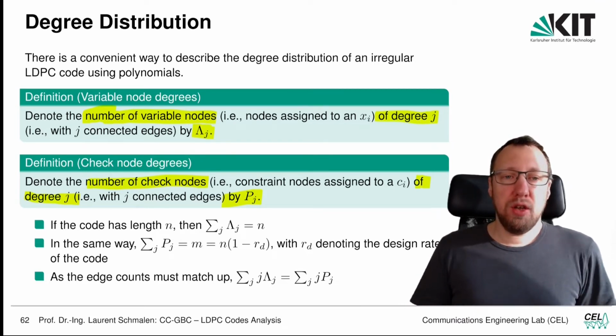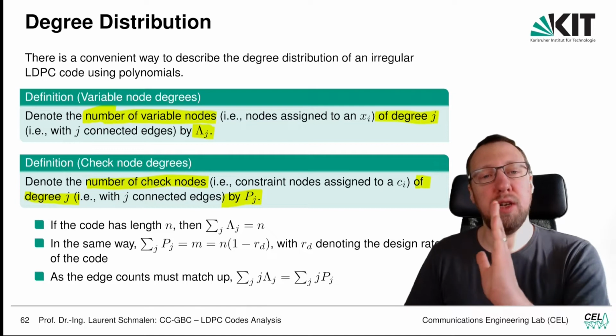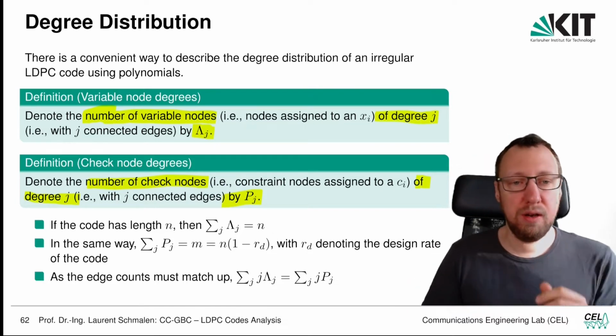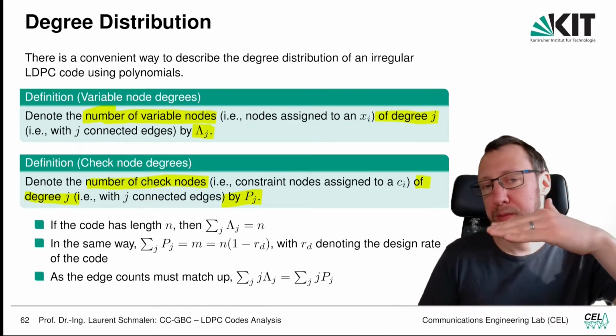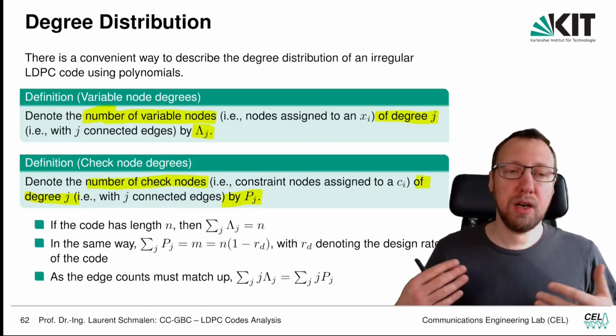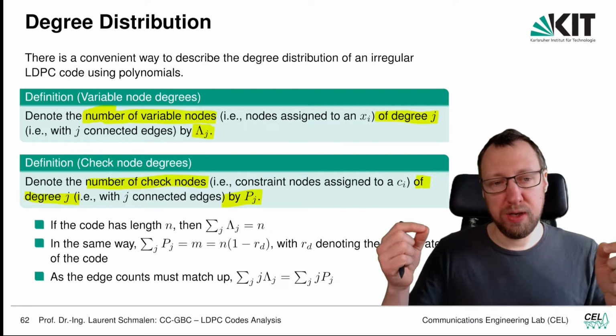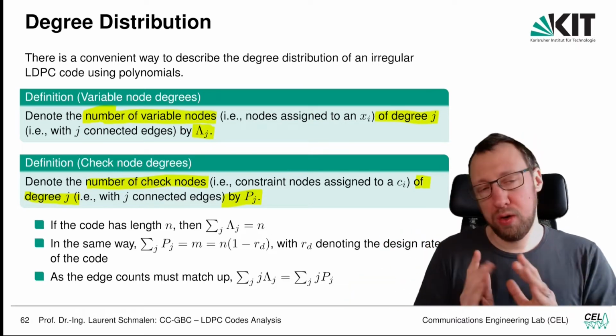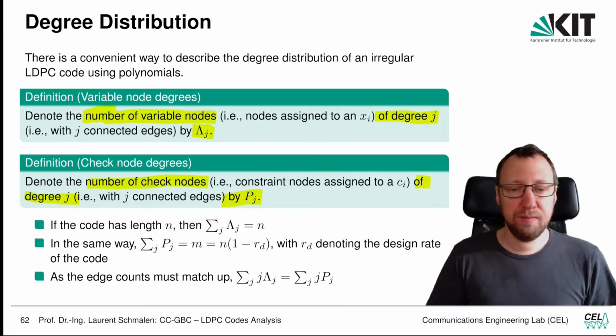So essentially, it's just counting the columns in the parity-check matrix of a certain weight, or counting the rows of the parity-check matrix of a certain weight. This is the same as counting the degrees of the variable nodes and check nodes. And we're going to see an example very soon.